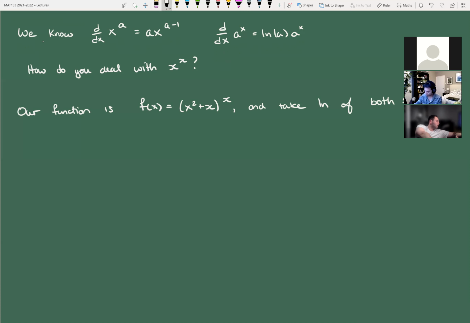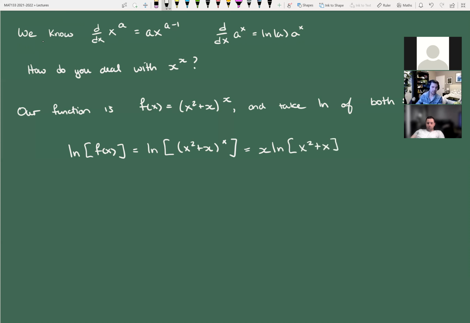Okay, and if we do that, what do we get? We get ln f of x is ln of x squared plus x to the power of x. And now we're going to use that special property about logarithms that lets us take the exponent down, right? So it's not an exponent anymore. And this is the whole power of using logarithms here, because this isn't an exponent anymore, right?